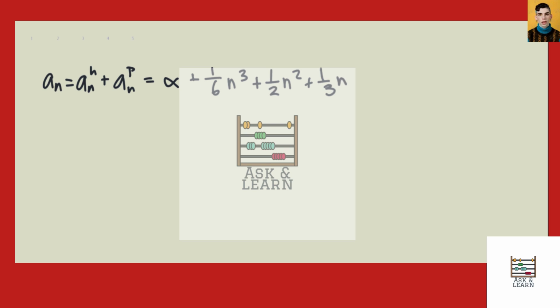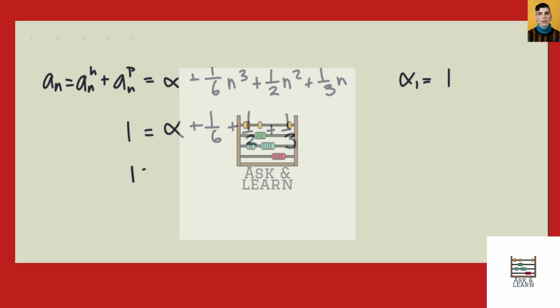And now we use our initial condition to solve for alpha. So we know that a_1 is equal to 1. So this means that 1 is equal to alpha plus 1/6 plus 1/2 plus 1/3.